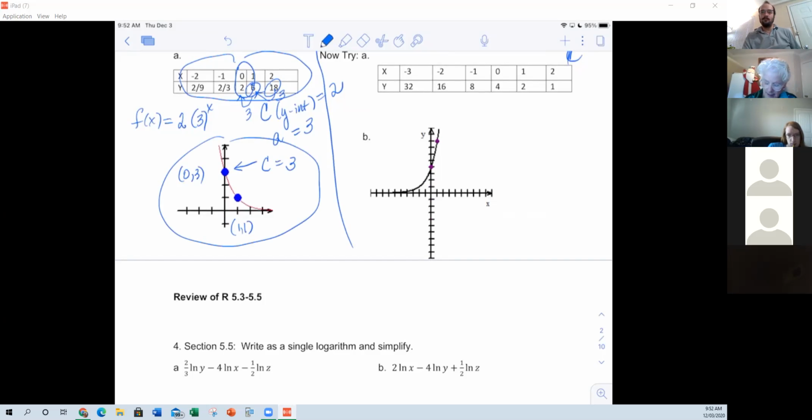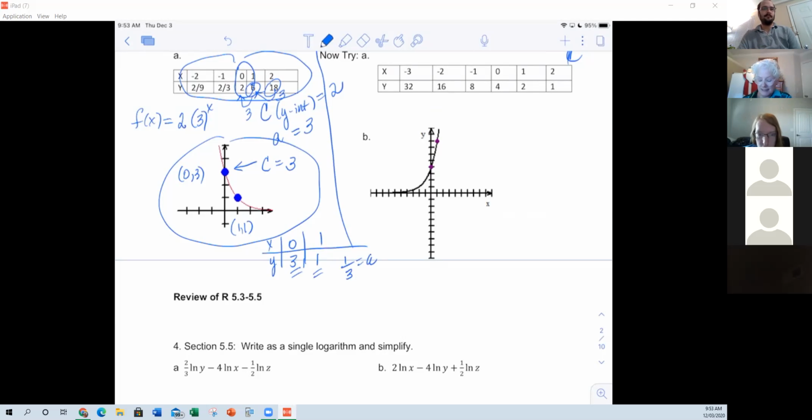So if I was to put this like a table, I would have 0, 1, and I would have 3, 1. So what is my A? It would be this number divided by that number. That's my A.